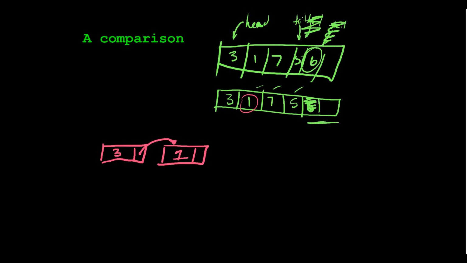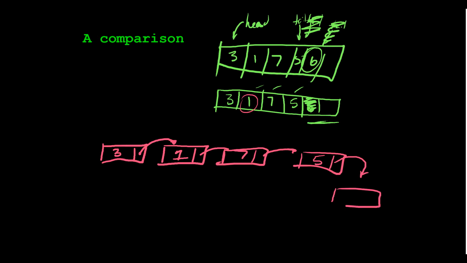And then of course I would create a new node with this 7, I'd create a new node with the 5, I'd create a new node with the 6, and this node right here, my tail, would have to be pushing to this. Here's where my head was. This is how I'd know if I was empty, as if my head was null.